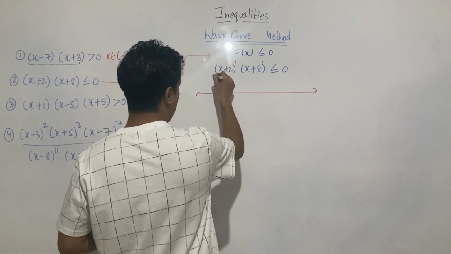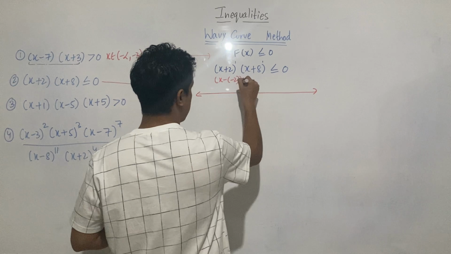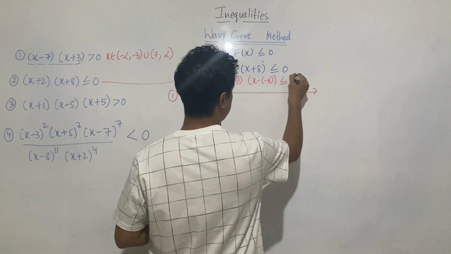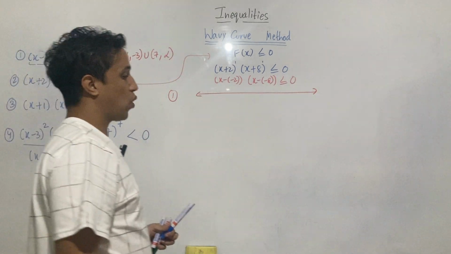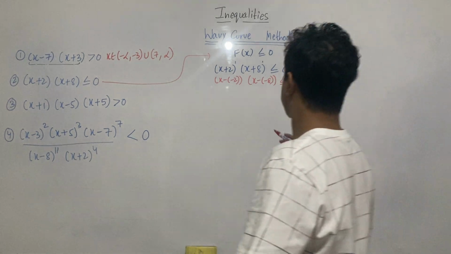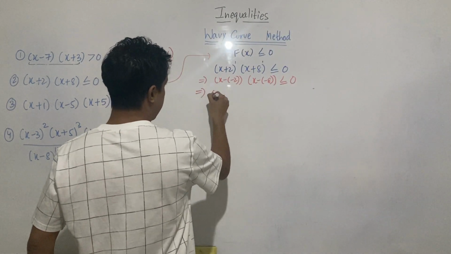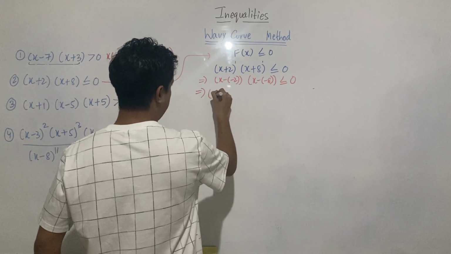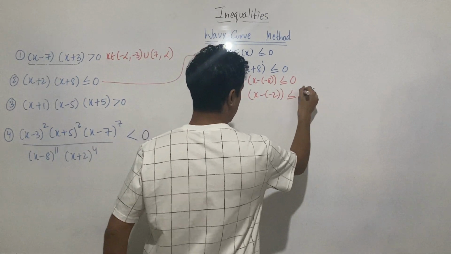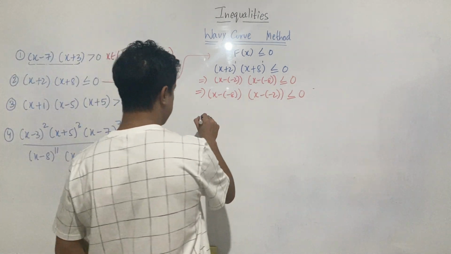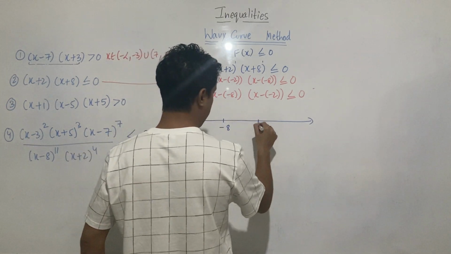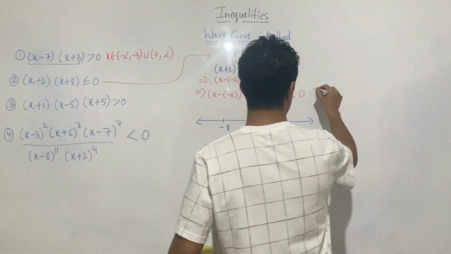Now, see here, I can write these as x minus minus 2 and x minus minus 8, less than or equal to 0. Now I am going to represent it on the number line. This is going to be the number line. This is minus 8. This is minus 2.